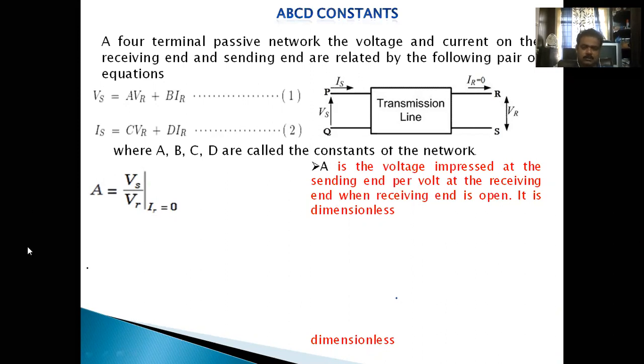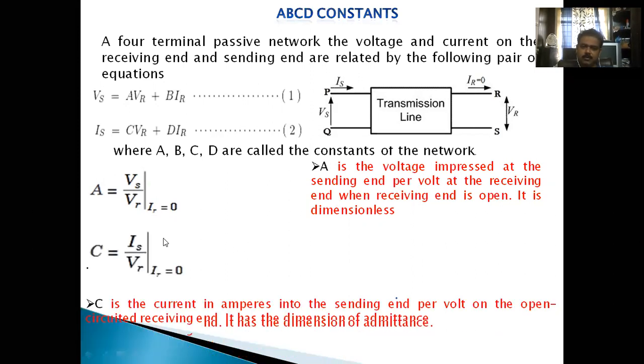Everybody knows this one. About C: C is the current in amperes into the sending end per volt on the open circuited receiving end, and its dimension is admittance.